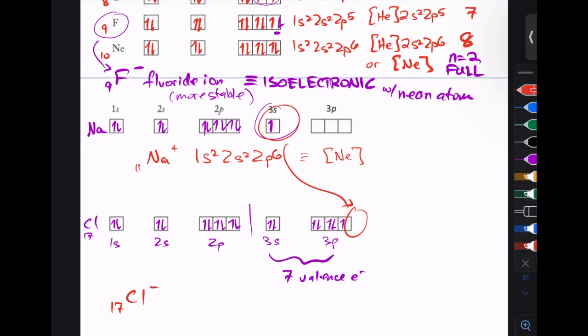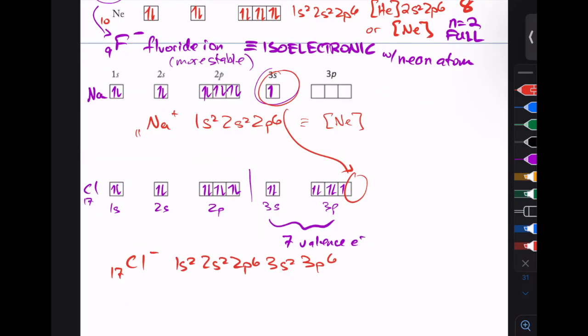This is now going to be 1s2, 2s2, 2p6, 3s2, 3p6 now. What does that look like? That looks like argon. And remember, I could have also written this as the neon core and then just focus on the valence electrons.